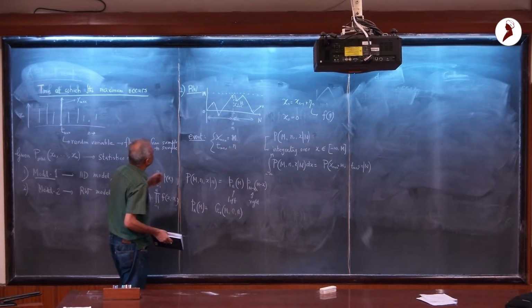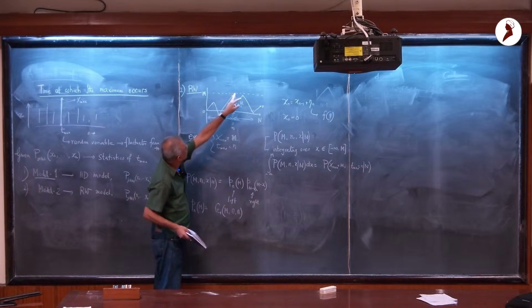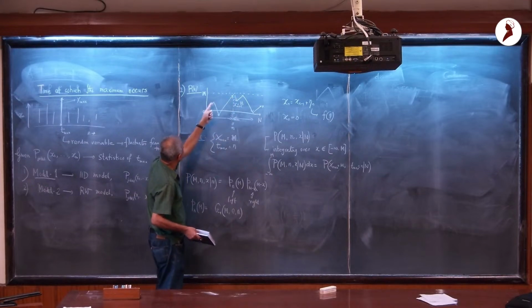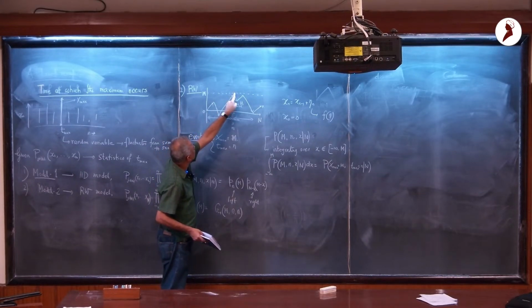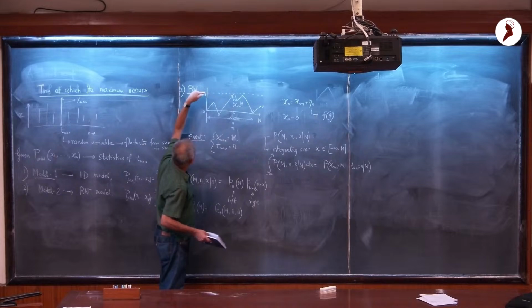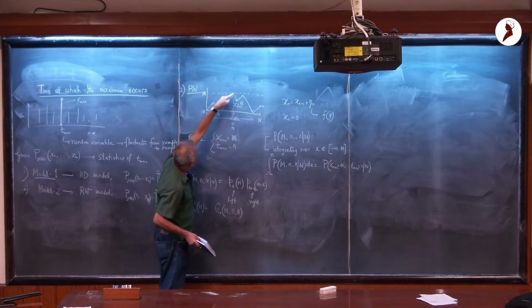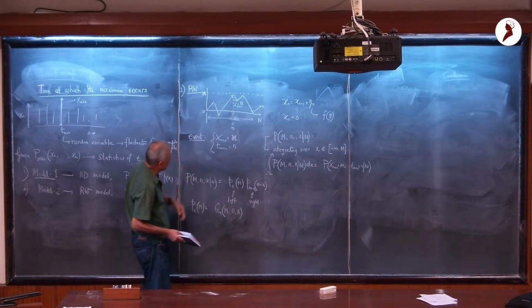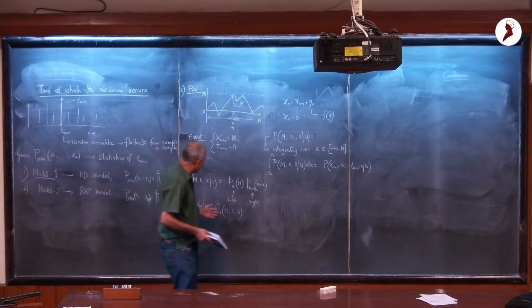Is it clear? Because if you just put yourself here and forget about the right part, just look at this time reverse path. What you see is a random walker which is jumping from here to there, and arriving here. So from that reference point, this distance is m. So you are starting at the origin and arriving at m, but staying positive, because you are looking at it this way. And that is exactly our restricted propagator.